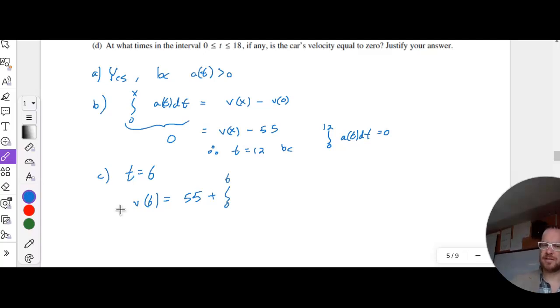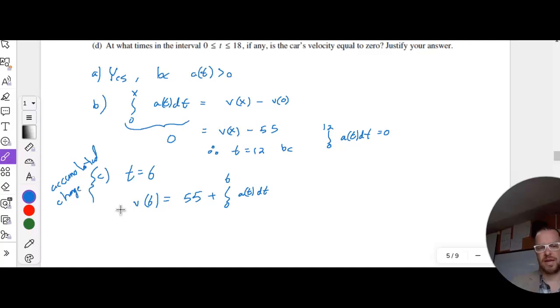Because we started at 55 at time 0, and v of 6 is what we're looking for at the end. I'm basically just rearranging the fundamental theorem of calculus here. When I integrate a of t, I'm going to get the velocity. You've probably seen this before as accumulated change, which is the other way we often talk about this.